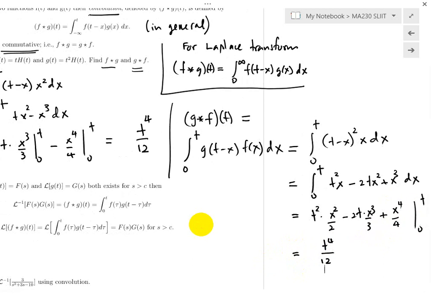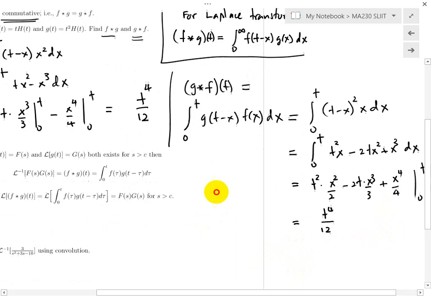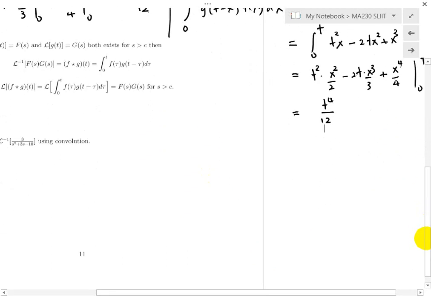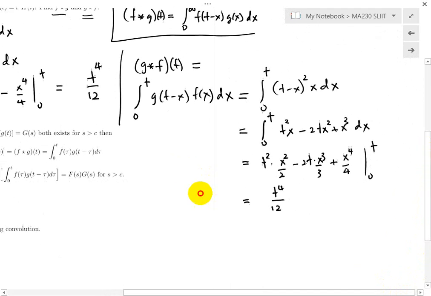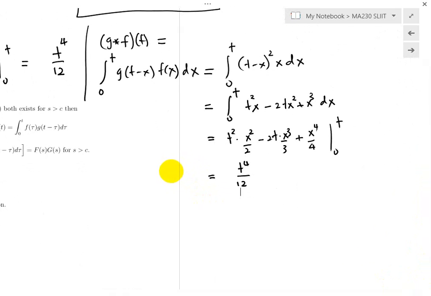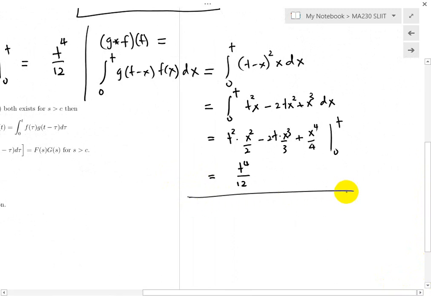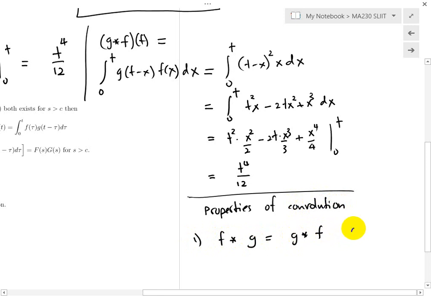Now for this convolution, there are actually very nice properties. Maybe I should mention a couple of them. So one we already saw: f convolution g is the same as g convolution f, which means convolution is commutative.